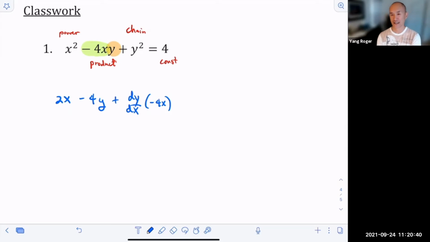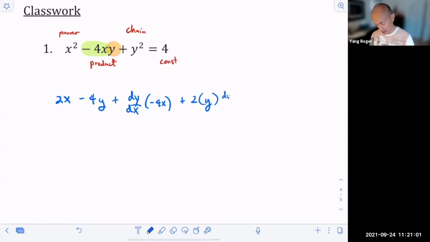No questions. All right. To find the derivative of the next piece, I need to use the chain rule. The derivative of the outside function is 2 times something. I've got to keep the inside, so put a y there. I'm going to multiply by the derivative of the inside, which is dy dx.